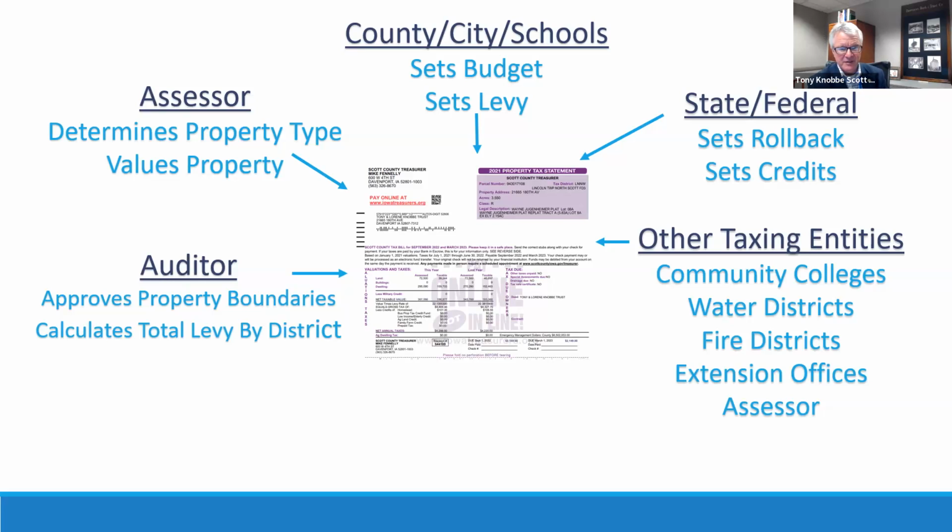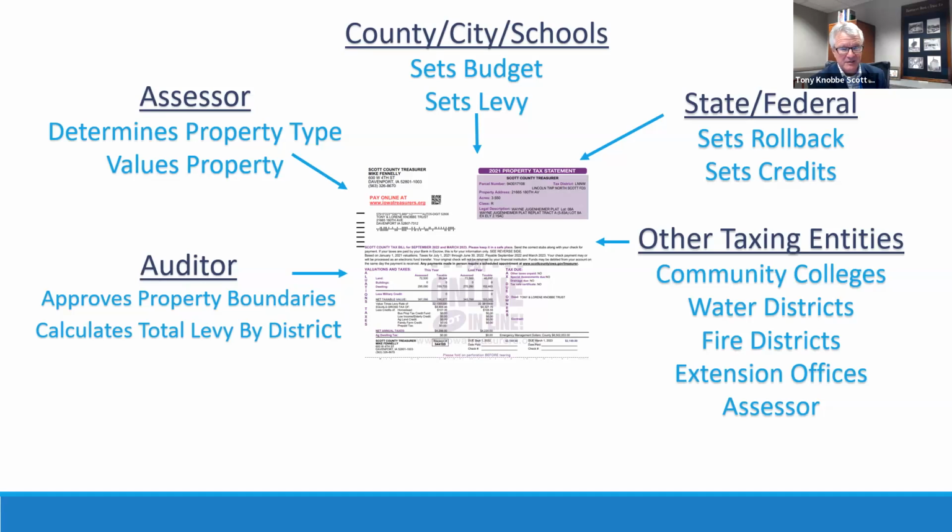All of that kind of stuff needs to be agreed to and finalized by the auditor's office, so that those legal descriptions will stand the test of time on deeds and mortgages and transfers and all kinds of other documents, and including taxation.